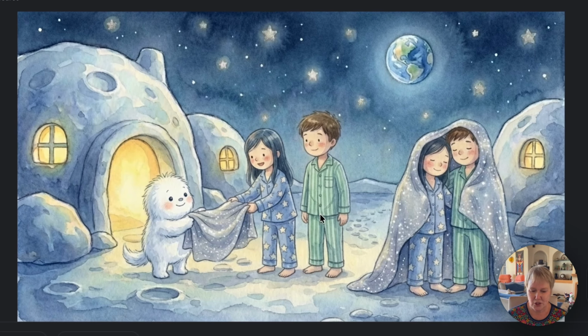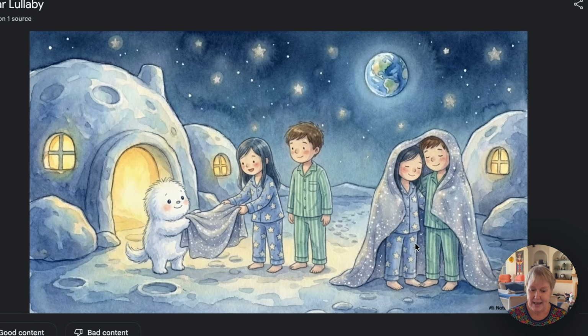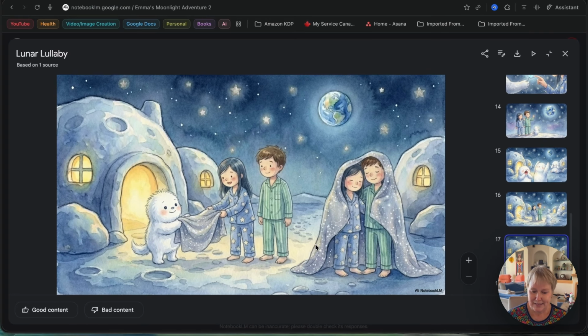If you look at this image, there's two scenes in one. You have this little creature that gives the blanket to Emma, and then you have Emma who's sharing the blanket with Mark. And I wanted this in two different scenes, but I didn't want to restart it. So I'll show you how I managed to do something with this.